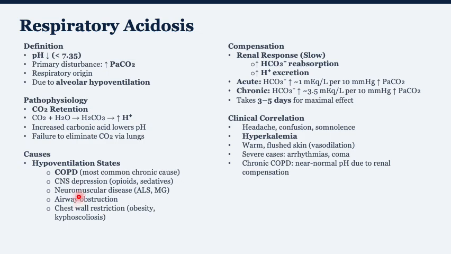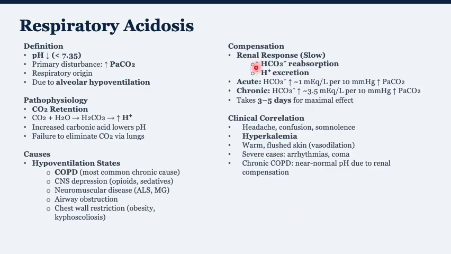You can see it with neuromuscular disease such as ALS and myasthenia gravis. You can also see it with airway obstruction as well as chest wall restriction. Two of the ones that I used to see a lot in residency, other than COPD, I would see hypoventilation due to obesity.